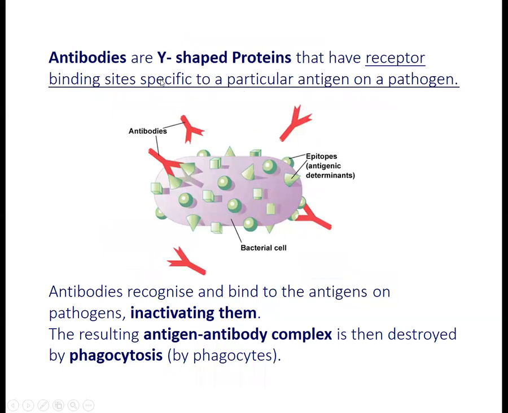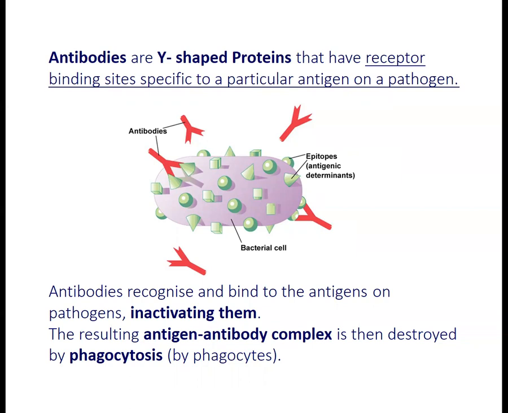So another diagram showing what's happening. So we've got our antibodies here, these Y-shaped proteins with the receptor sites just at the end there, and they bind to a specific antigen on a pathogen, deactivate or inactivate the pathogen, hold it in one place, stop it from traveling throughout the body, and then the immune system works together.